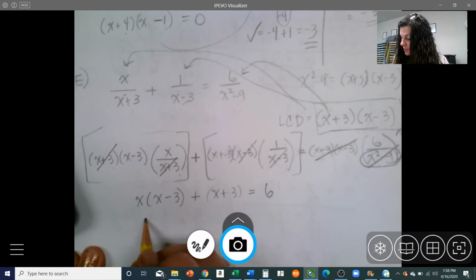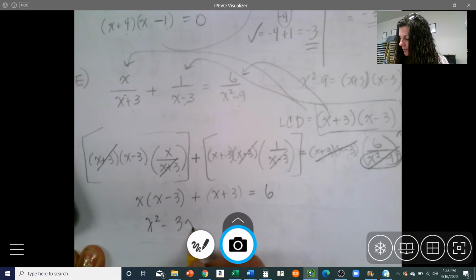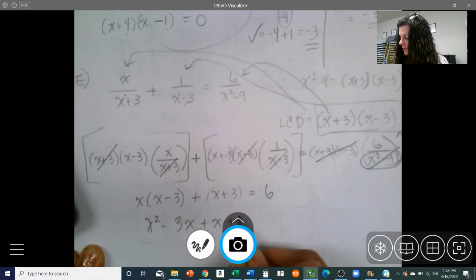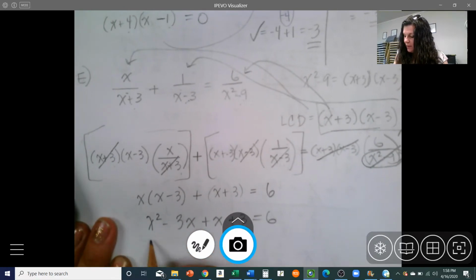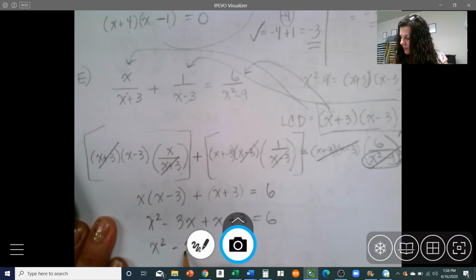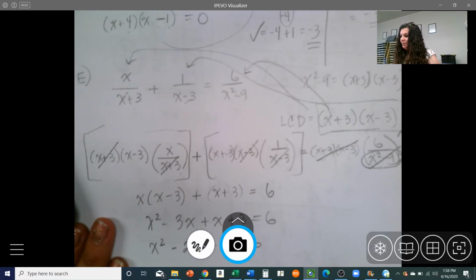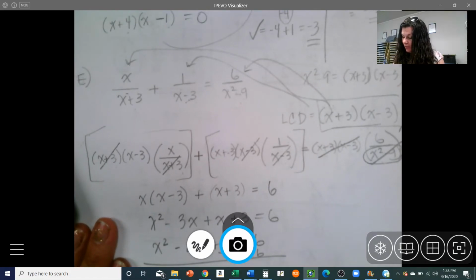Okay, now I'm going to distribute: x squared minus 3x plus x plus 3 equals 6. X squared minus 2x plus 3 equals 6. I'm going to subtract 6 from both sides so that I can set this equal to 0.